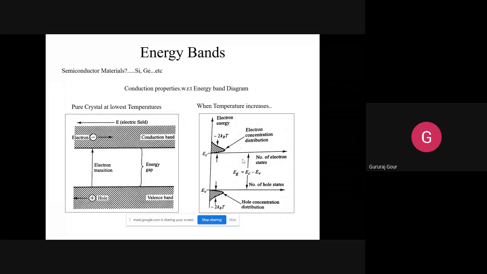So when the temperature increases, what this graph indicates is that some of the available electrons in the valence band will gain energy with this increased temperature and make themselves into the conduction band, raising the peak a little bit compared to those in the valence band, with the energy gap given by EC minus EV. So this is what is happening with a little rise in the temperature. This is all about the energy bands you are observing.